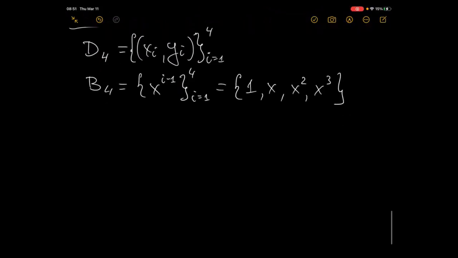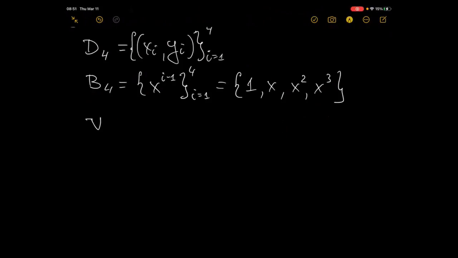It will allow us to use the following Vandermonde matrix: 1, 1, 1, 1, x1, x2, x3, x4. Remember, it's just values. Every column is the value at every point of the corresponding basis function.